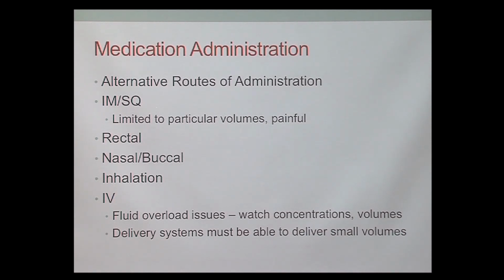Inhalation, if you think of a lot of our asthma medicines, they're all going to certainly go through the inhalation method. But what's important to know, if we give inhalers or we give nebulized medicines, you have to make sure you give the right spacer or face mask. So if we give a little baby a metered dose inhaler, we have to make sure it actually gets to the lungs where we want it to go.